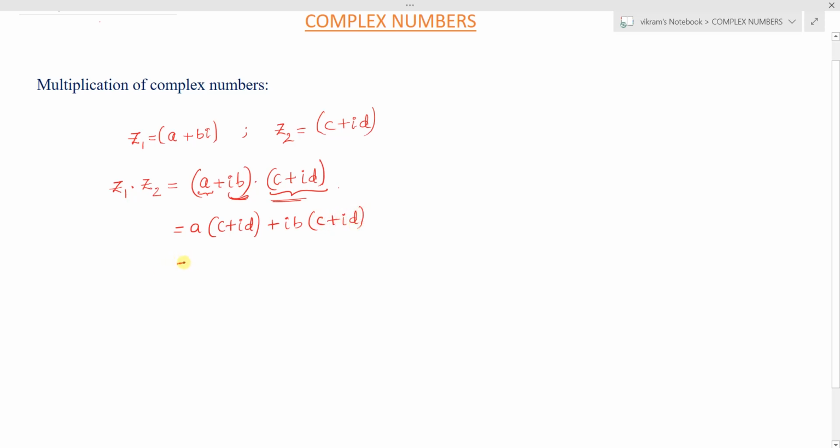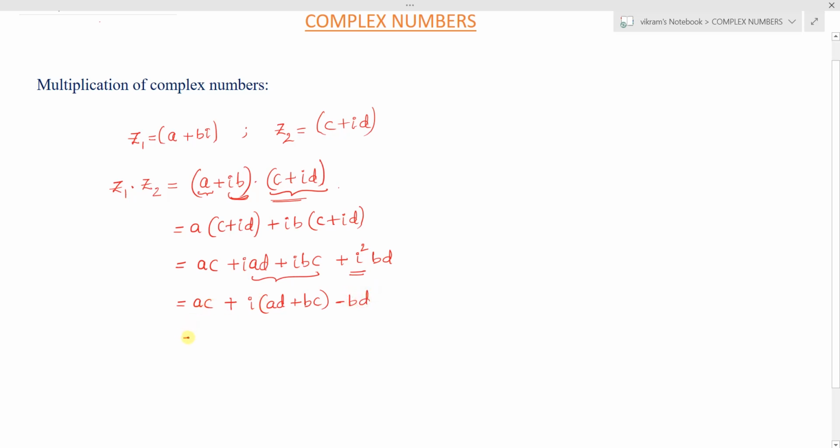Just multiply: a into c, ac, plus i times ad, plus i times bc, plus ib into id, so i square times bd. This equals ac plus, taking i as common, i times ad plus bc, minus, since i square is minus 1, bd.